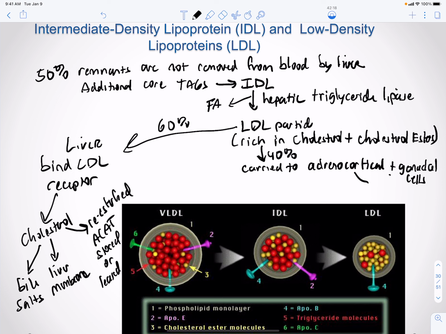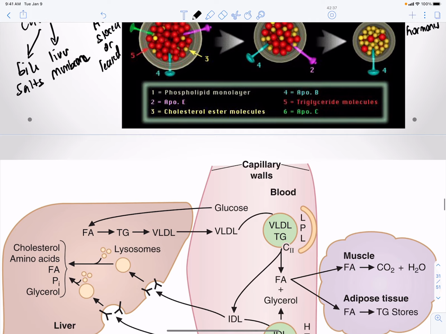These are going to have ApoB100 receptors, and then they're going to use the cholesterol to synthesize steroid hormones.